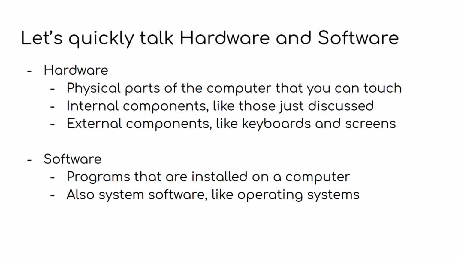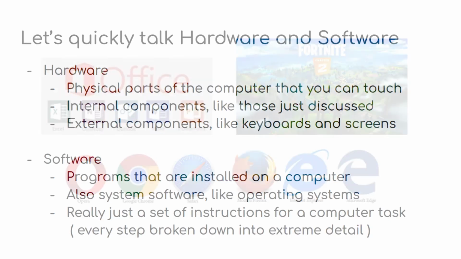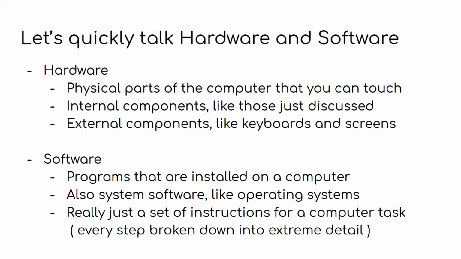So Windows, Mac OS, OS X, Android, Linux, if you want to roll that way, or Ubuntu, as we'll talk about in the next lesson. These are examples of system software. But then you also get application software like video games and Microsoft Word and Google Chrome and Steam and OBS and the Adobe Suite, Photoshop, Premiere Pro, things like that.